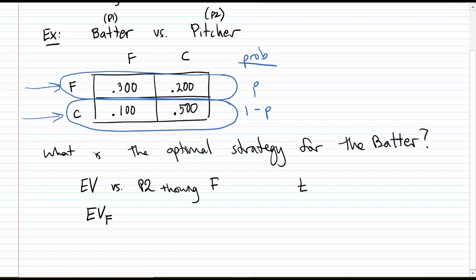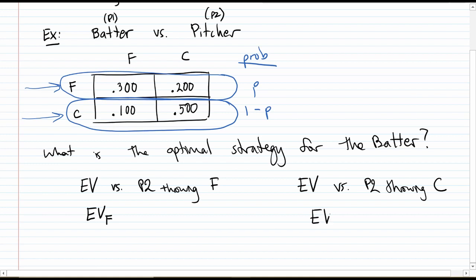And we wanted the expected value versus the pitcher throwing curveball, which I'll abbreviate similarly EV sub C. The point is that when we're in the fastball case, these are our two outcomes. When in the curveball case, these are our two outcomes.